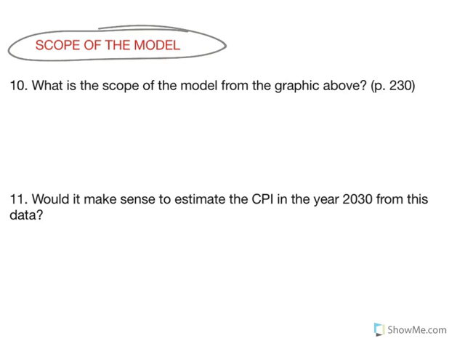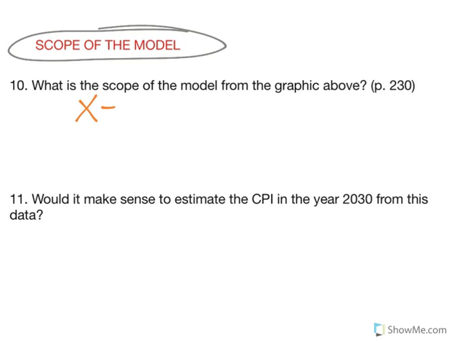How do I know that? It's so far out. So the scope of the model talks about what is a good length of time to predict. Because there are so many variables that affect change, we can only predict out a little bit, maybe 5 or 10 years in the future, or 5 or 10 months, depending on our data.